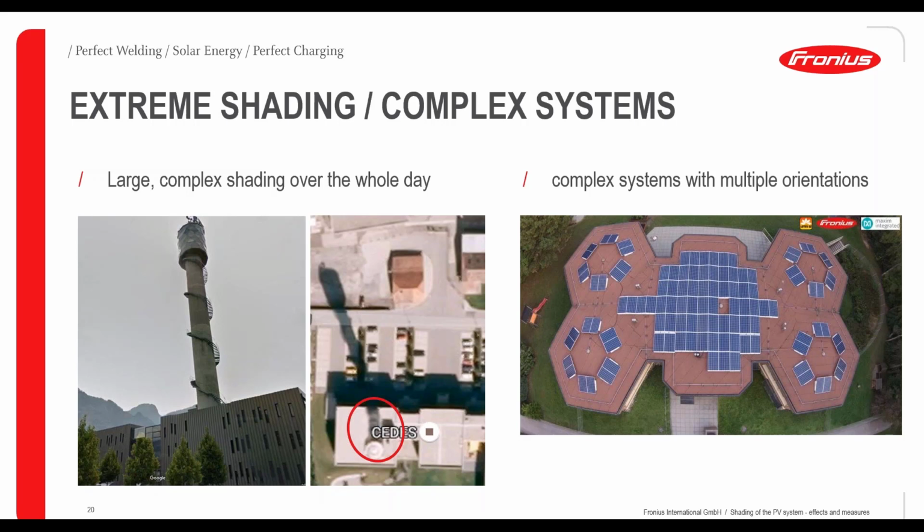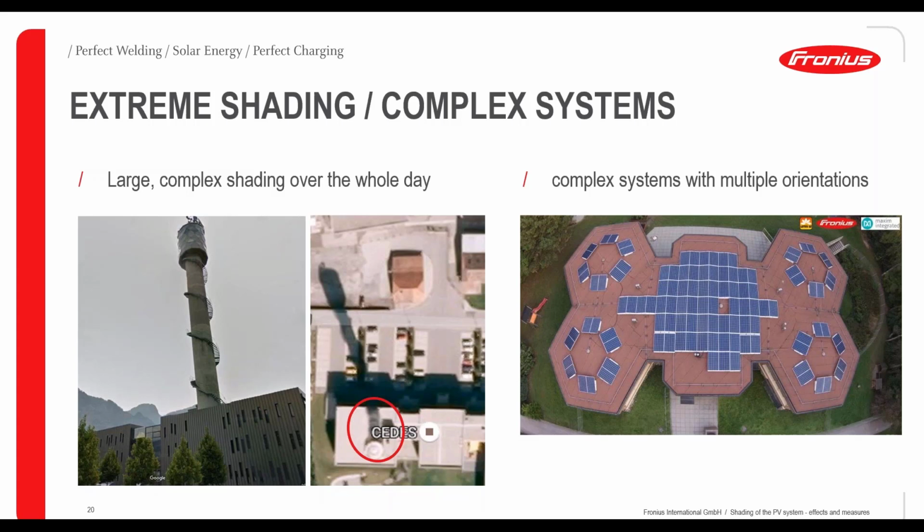That's actually not very good. And on the right-hand side, it's also a complex system with a high amount of inclination, different inclinations, different orientations, it's also not that easy to cover with standard solutions.